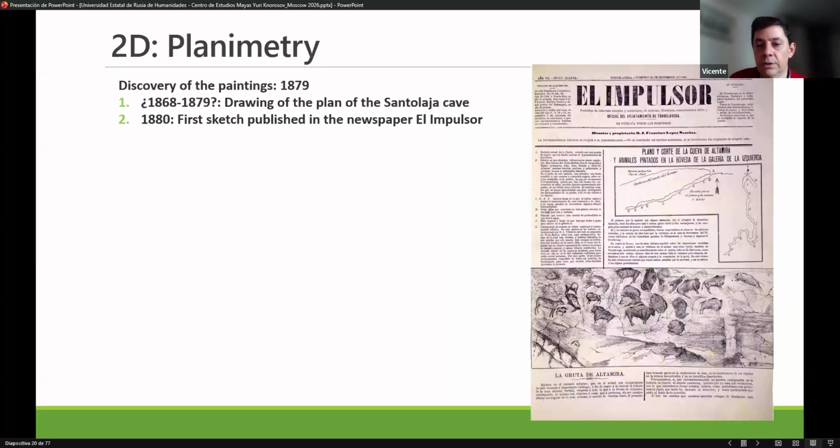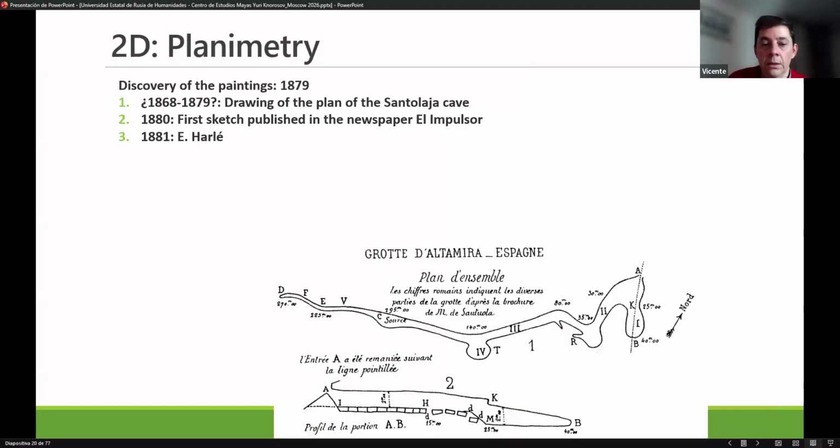Later, when the paintings were discovered, in the newspaper appeared a second plan. You can see here on the right side and down, a sketch of the pictures. This is 1880. This was in 1881 the first map that Harlé made of the cave and the first section, and this is what he used to put where things happen.